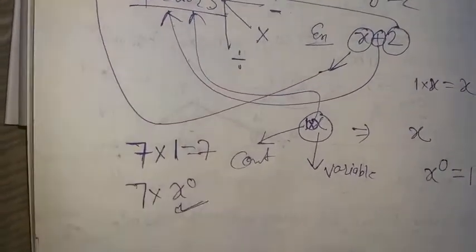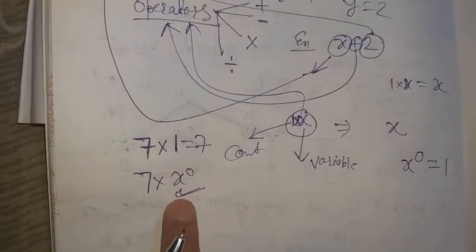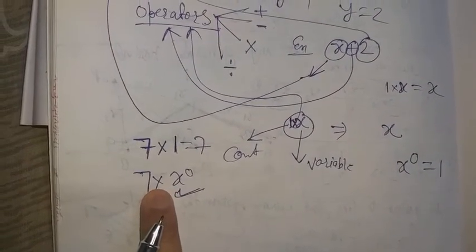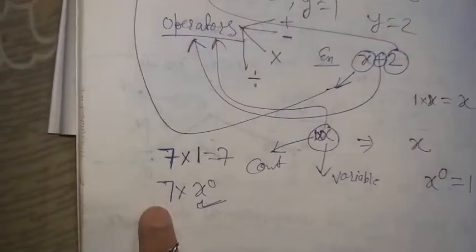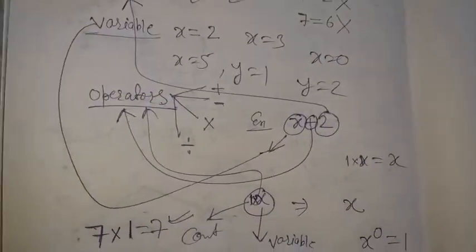So this is a variable, the multiplication sign is an operator, and 7 is a constant. In this way 7 is an expression.